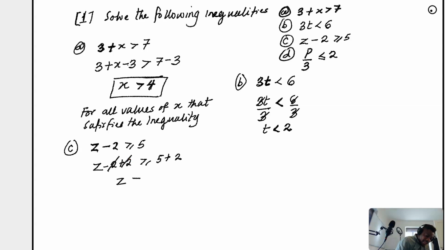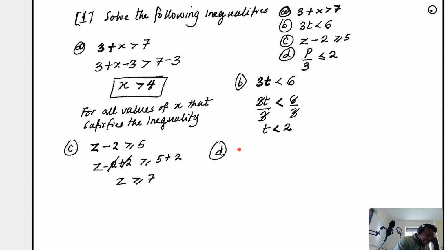So z is greater than or equal to 7, which simply means z is greater than or equal to 7 for all values of z that satisfy the inequality. The sign remains the same because I am adding a positive number to both sides. Remember, when you add or subtract on both sides of the inequality, the sign remains the same.